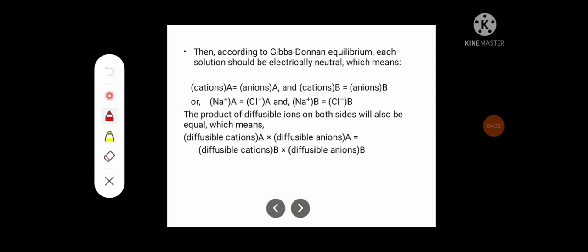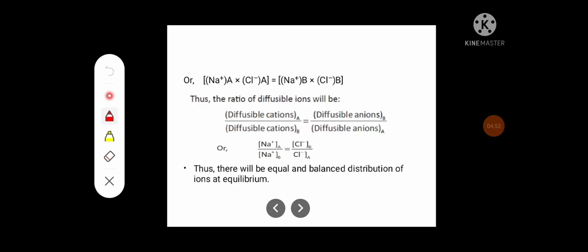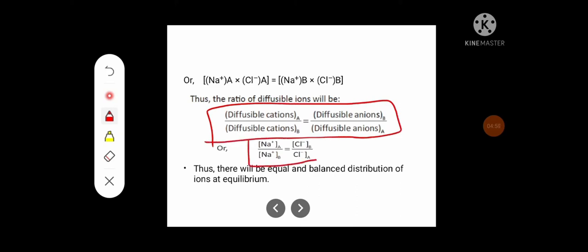According to Gibbs-Donnan equilibrium, the solutions should be electrically neutral, which means cations in A equal anions in A, and cations in B equal anions in B. So the product of diffusible ions on both sides will be equal, which means diffusible cations in A times diffusible anions in A is equal to diffusible cations in B times diffusible anions in B. Thus this equation gives an equal and balanced distribution of ions at equilibrium.